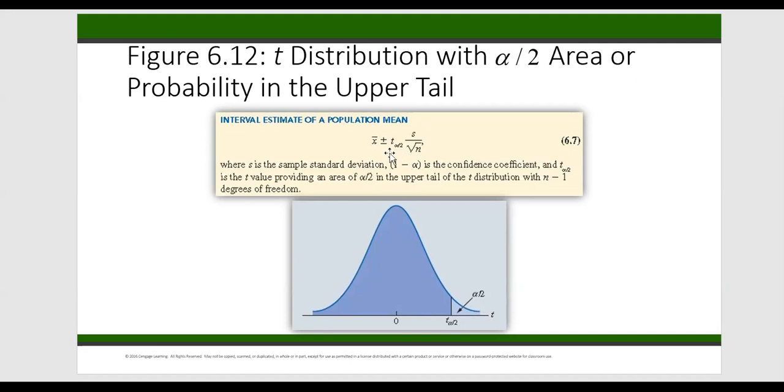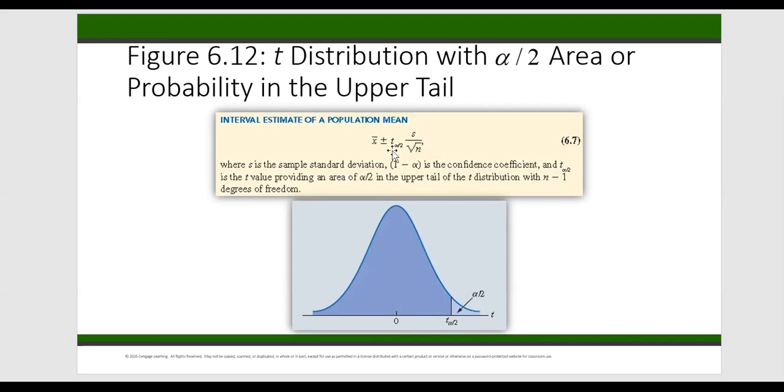T is a symmetrical distribution around 0, very similar in shape to standard normal distribution, except that it has degrees of freedom. So it actually takes a parameter, which would be n minus 1, sample size minus 1. And it's a little flatter than the standard normal distribution.